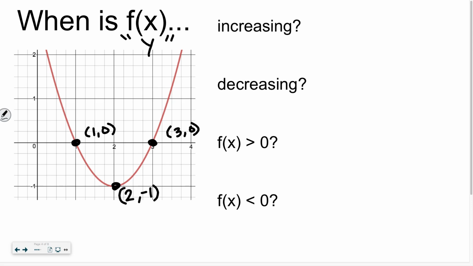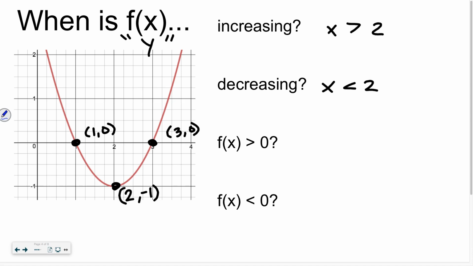So for all x's that are less than 2, you are decreasing. And then once you get to 2, you turn around, and now for all the x's that are more than 2, that are to the right of 2, you are now increasing.